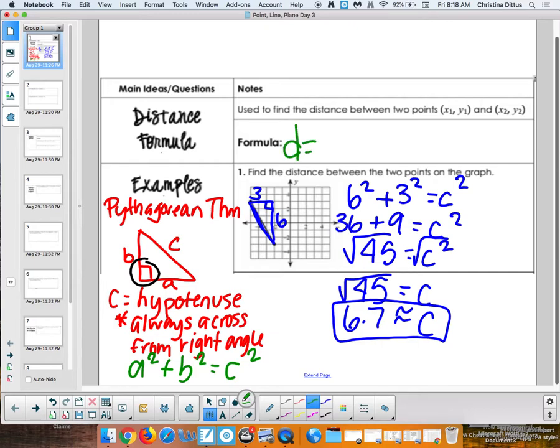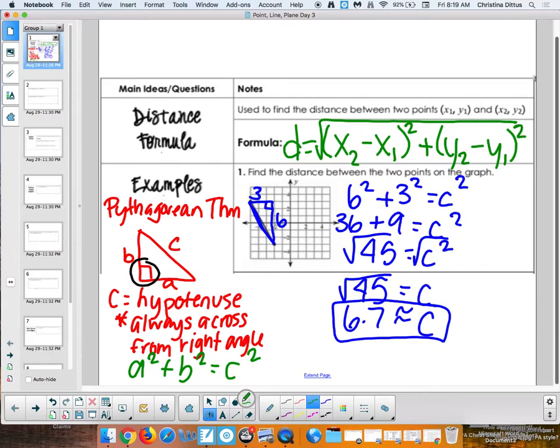D for distance equals a long square root sign, parentheses, x2 minus x1, parentheses, square, plus, now our y's, y2 minus y1, parentheses, square.